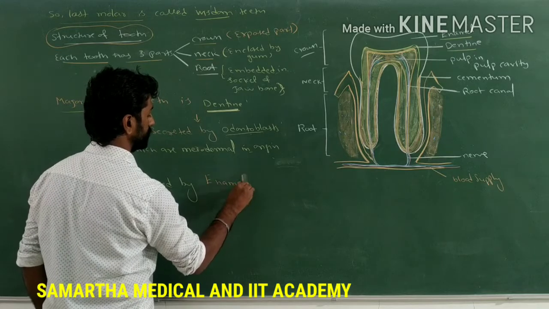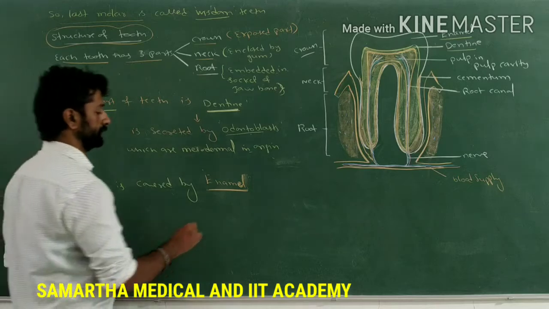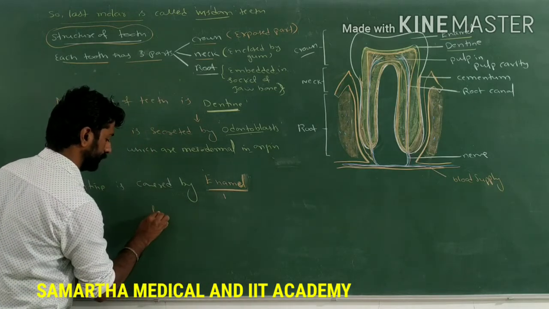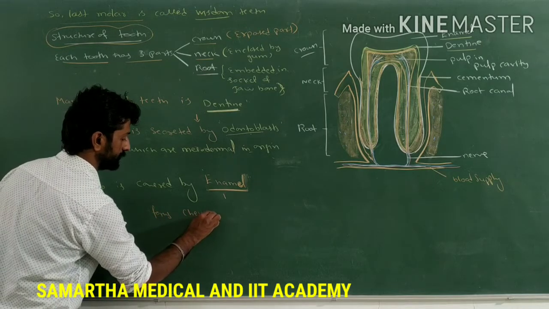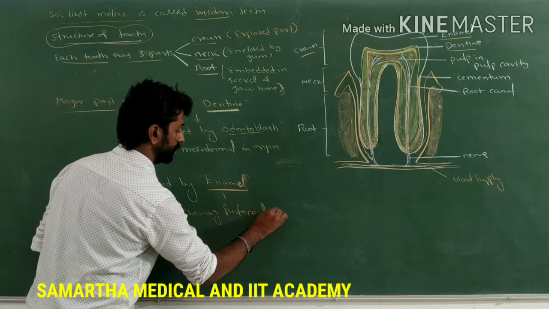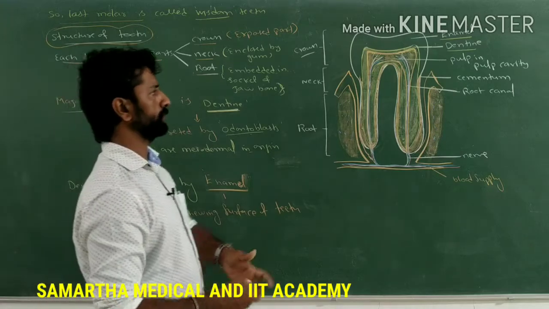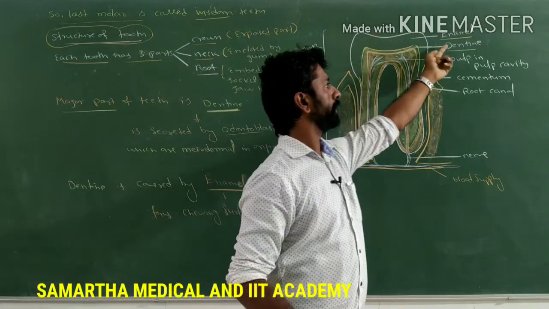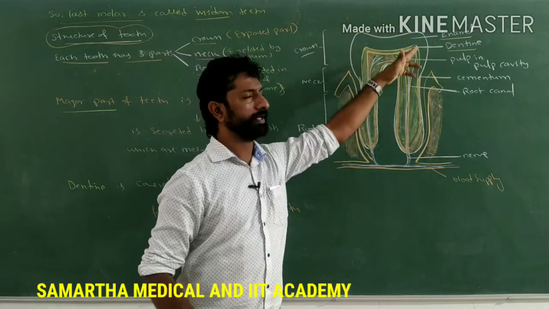The dentine is covered by enamel, and this enamel forms the surface of teeth, the chewing surface of teeth. So in each tooth, the chewing surface of the tooth will be formed by enamel. So enamel will be enclosing the dentine.